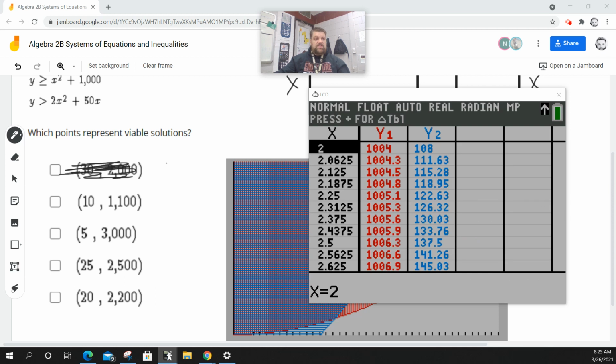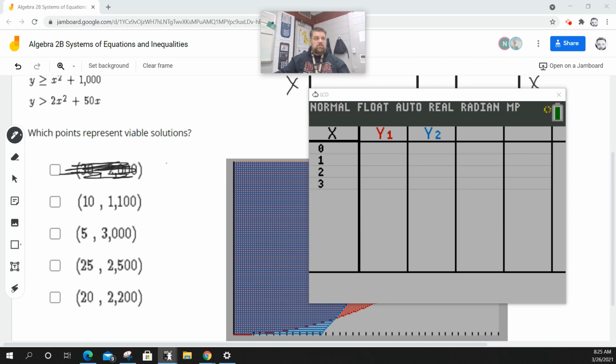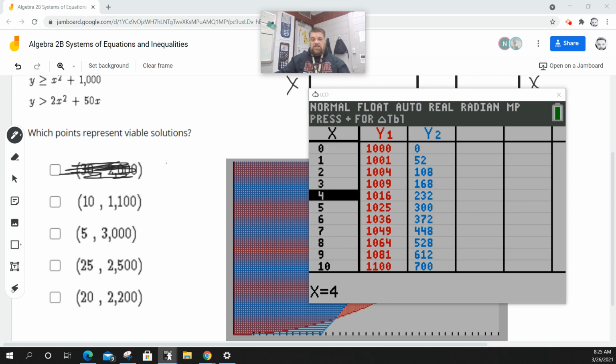If I go to table set and I start at 0 and my increment is 1, now when I look at the table and go down to 10, it's definitely a solution for both because y is greater than this. This is a little confusing, but I'll explain it.